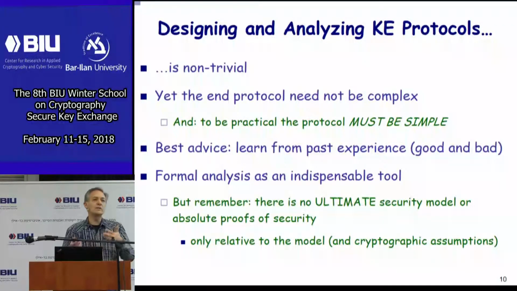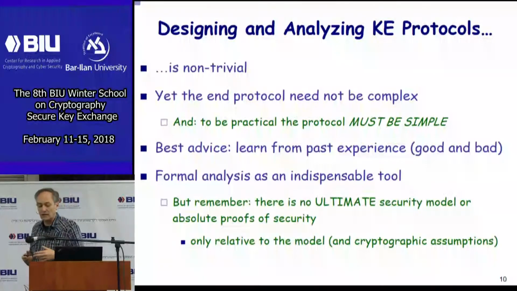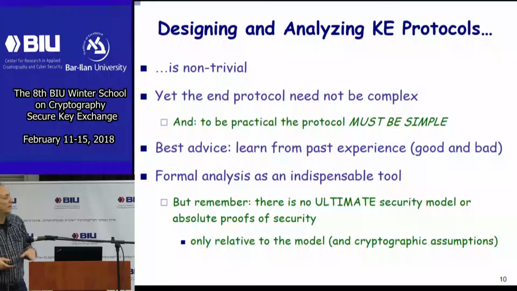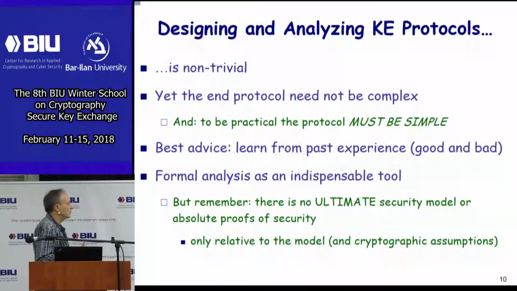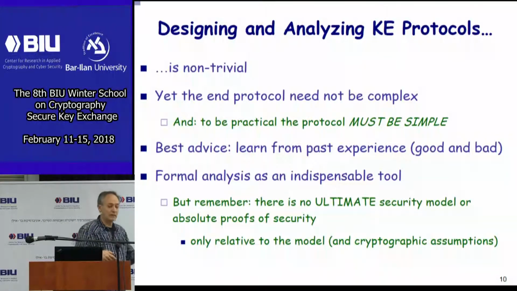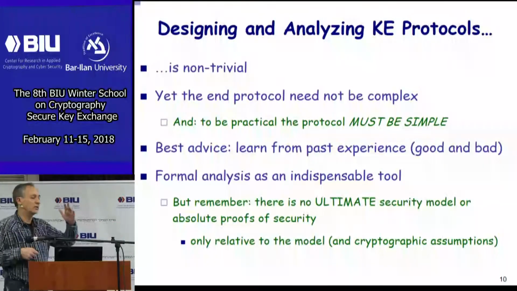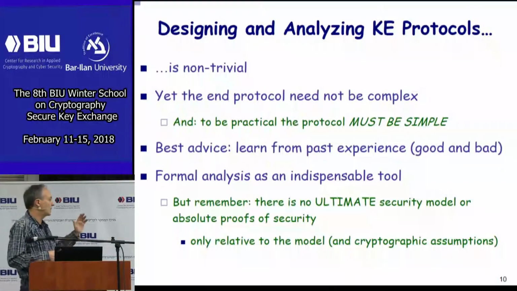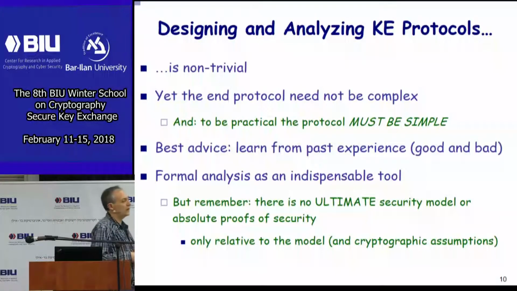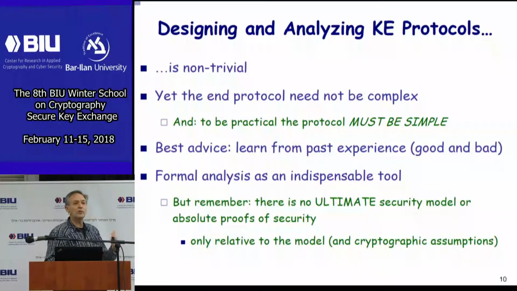Except for some particular cases of information theoretic cryptography, we don't have absolute proofs, but we do have reductions. Assuming AES is a secure block cipher or an elliptic curve is a secure Diffie-Hellman group, etc., on this basis we can actually prove these protocols to be secure.